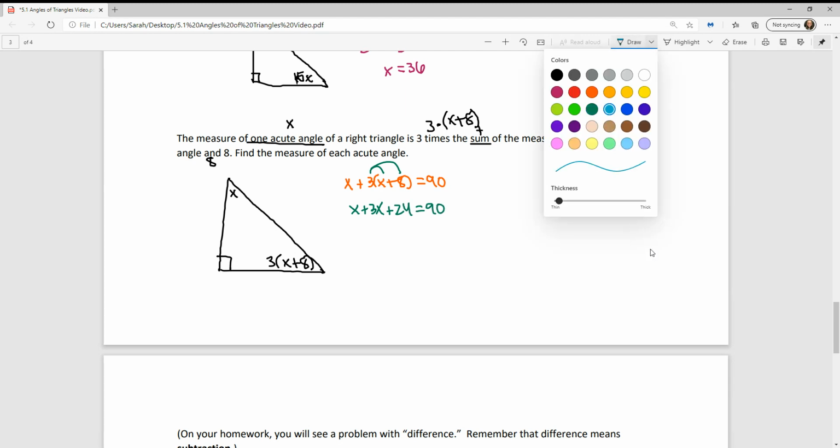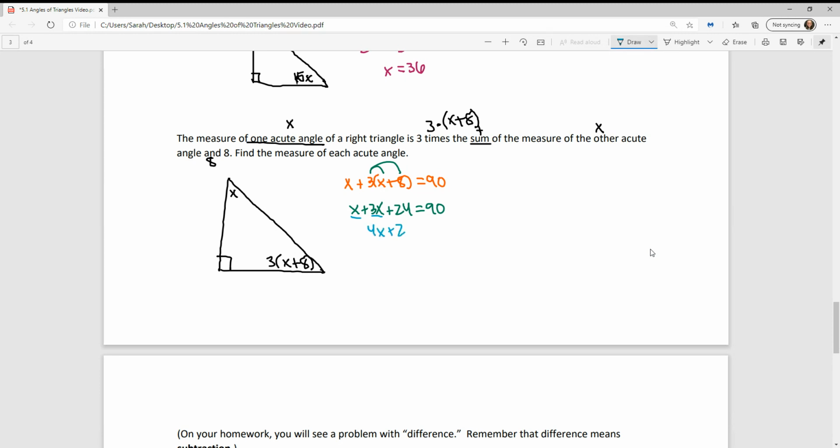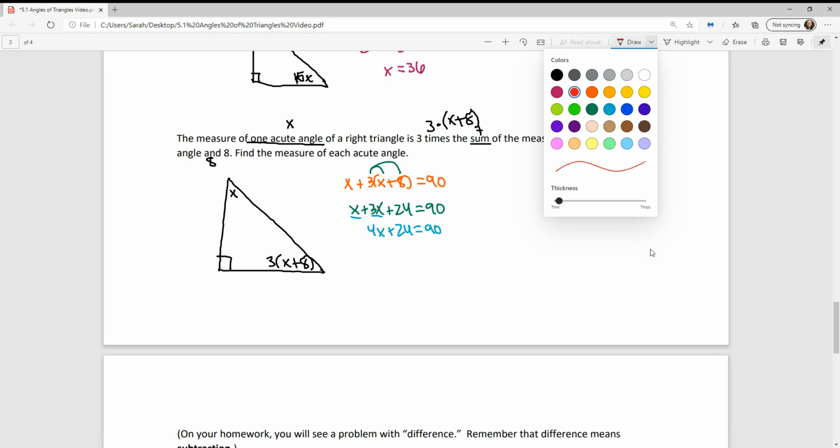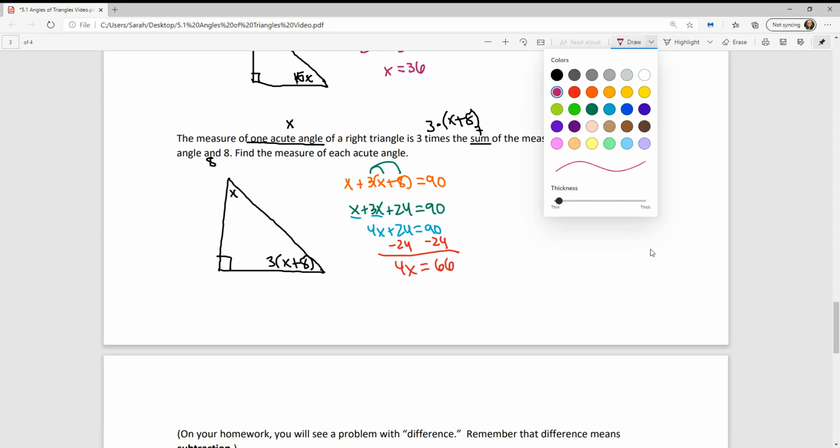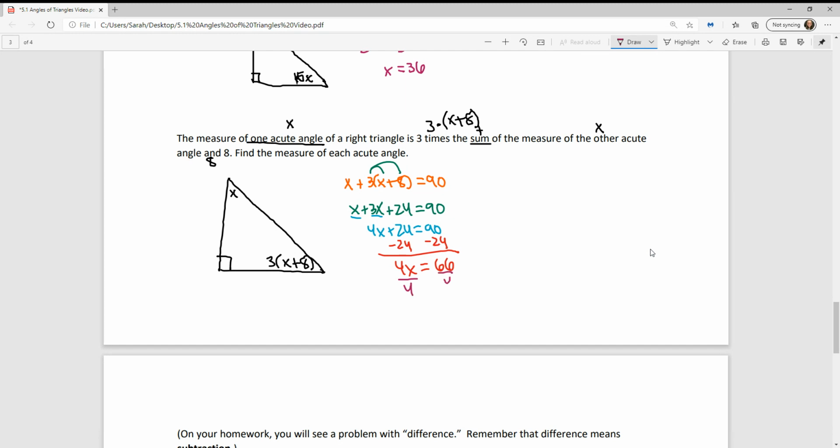Add your same side like terms together. And then continue solving from there. Subtract 24 from both sides. And then divide by 4. You get a decimal when you do that, which is okay.